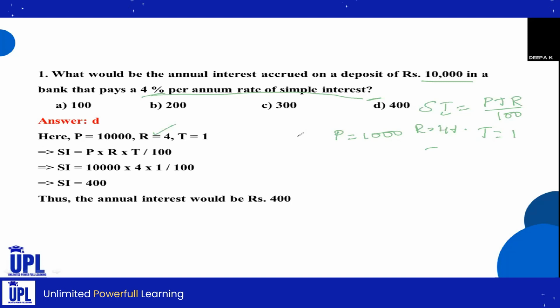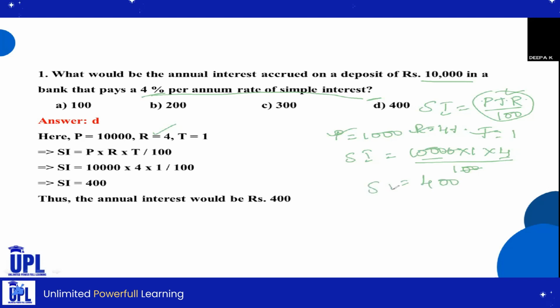We know the principal, R and T, so we apply the values in PTR divided by 100. We get 10,000 into 1 into 4 divided by 100. The 100s get cancelled, 100 into 4 is 400. This is the SI, the simple interest, for this one.